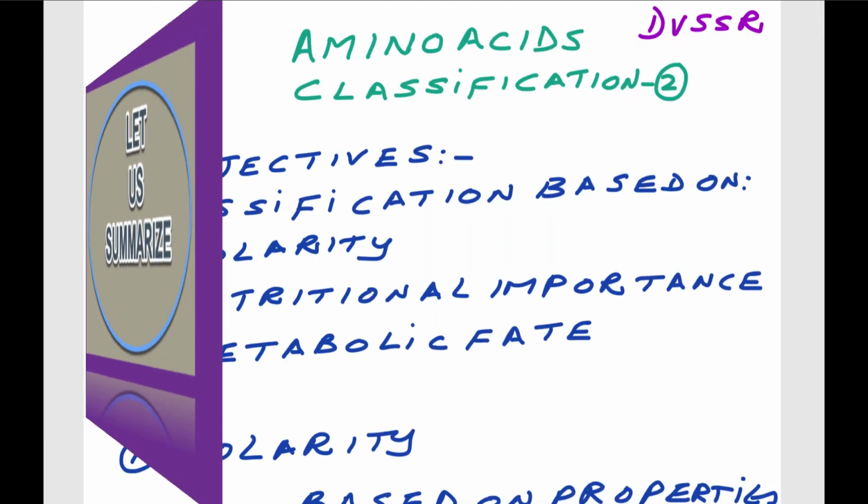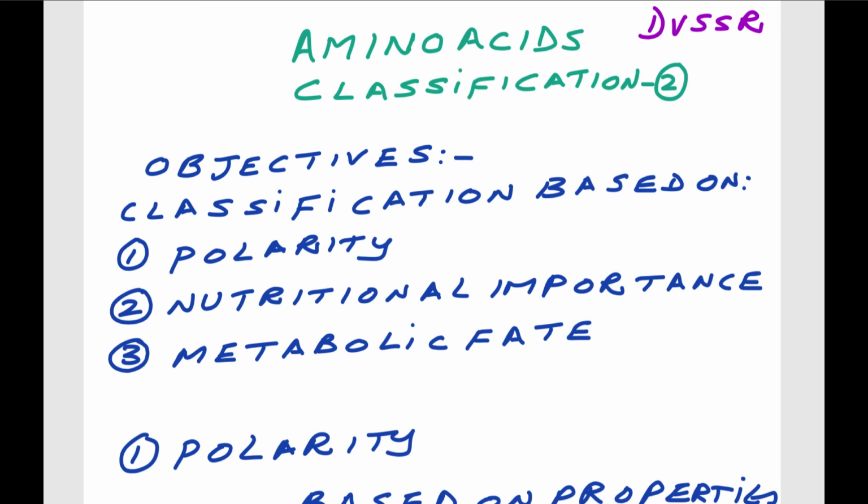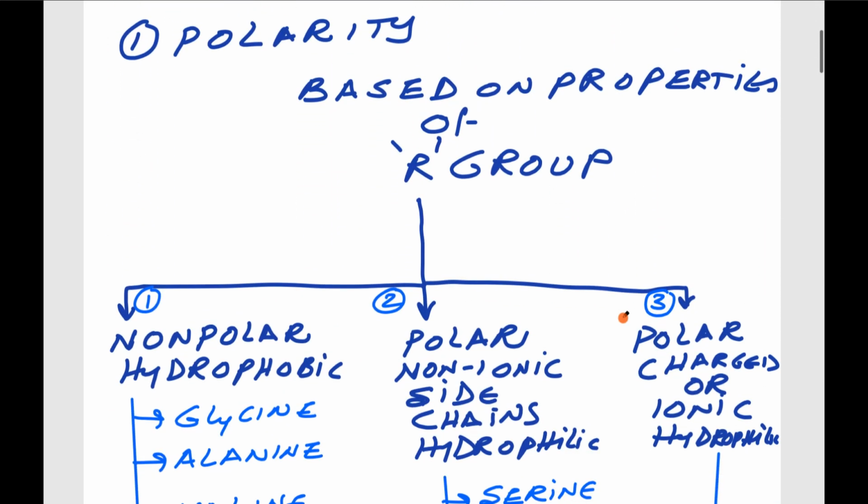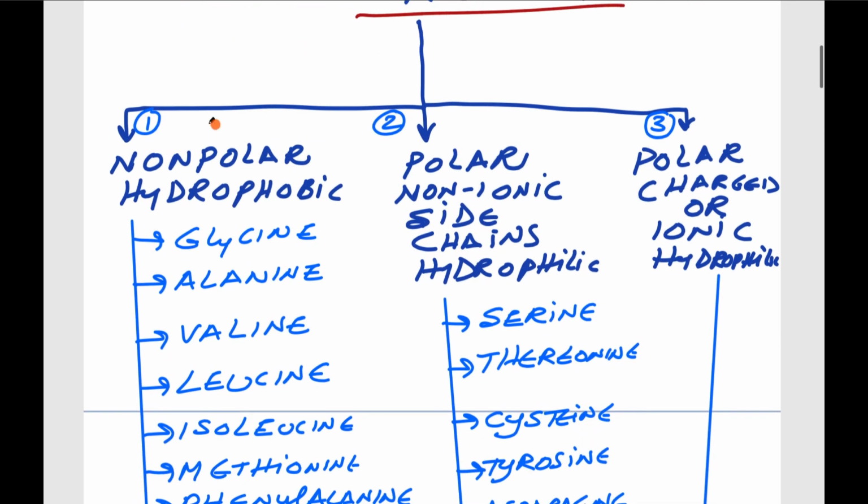The objective of this session is that the learner shall be able to describe classification based on polarity, nutritional importance, and metabolic fate. First we took up based on polarity, that is the R group. The polar, non-ionic side chains are hydrophilic; polar, charged or ionic are hydrophilic; whereas non-polar are hydrophobic.